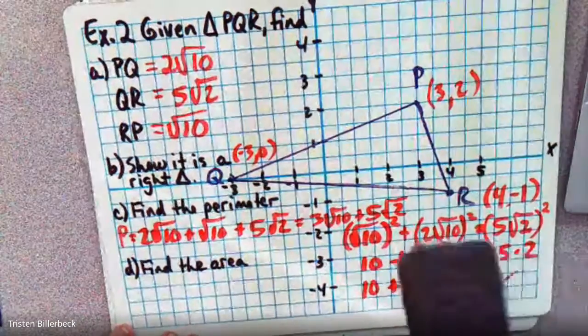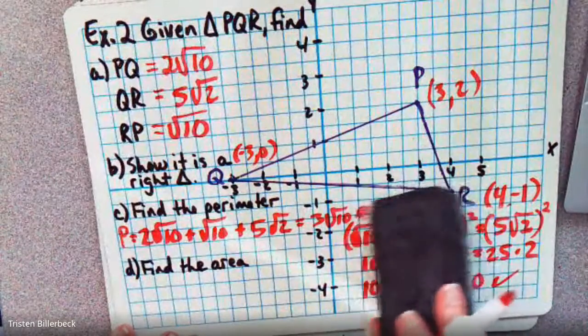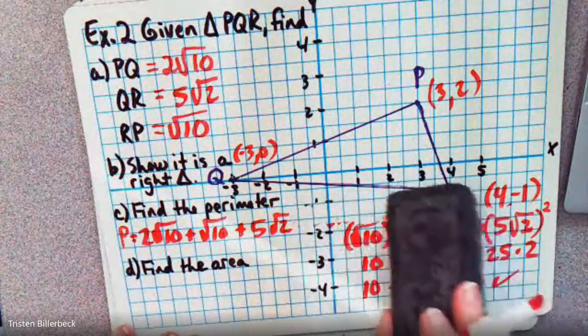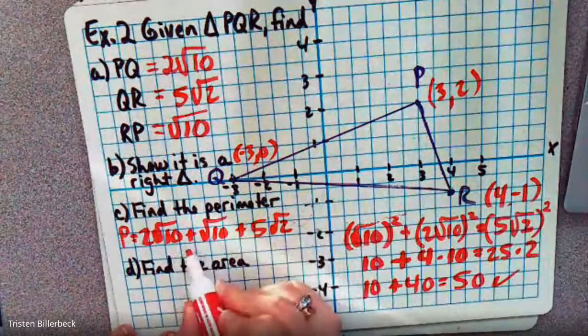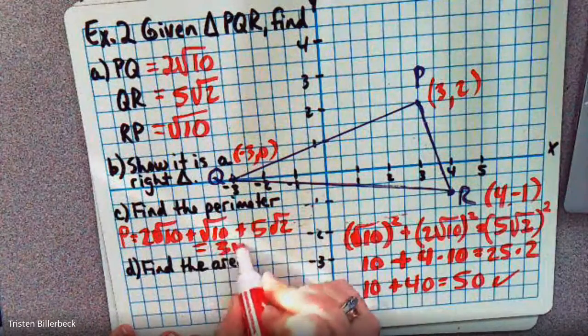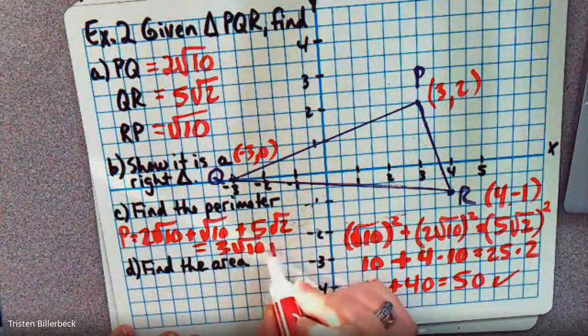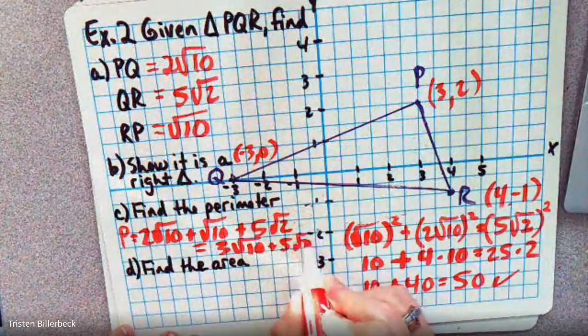Okay, so this simplifies to 3 radical 10 plus 5 radical 2.